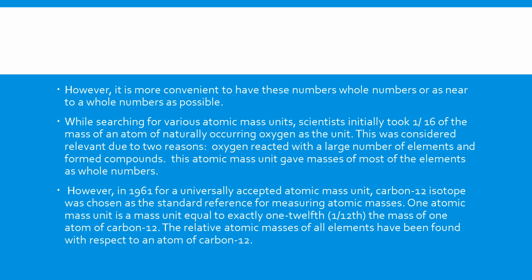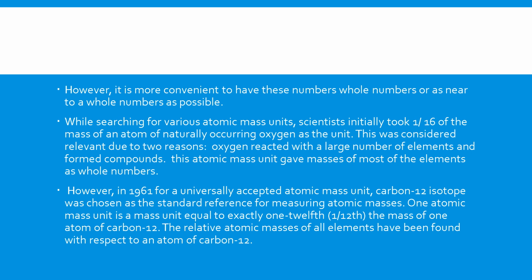However, in 1961, for a universally accepted atomic mass unit, the carbon-12 isotope was chosen as the standard reference for measuring atomic masses. One atomic mass unit is a mass unit equal to exactly 1/12 the mass of one atom of carbon-12.